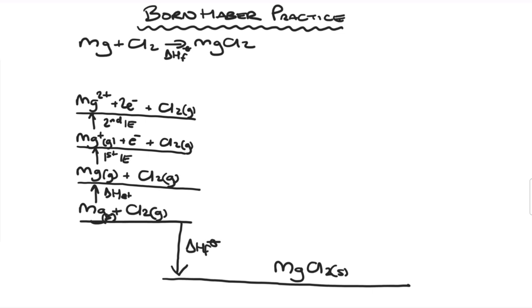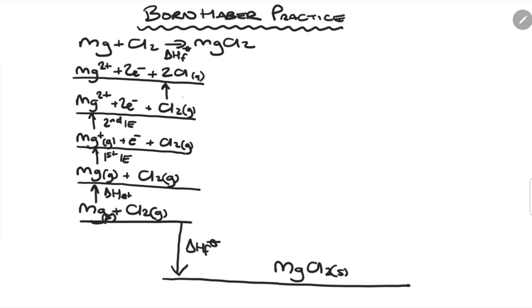But personally, if I'm doing these from scratch, I like to do them individually, with the metal ion first, followed by the non-metal ion. And I then need to start with the chlorine, and in order to do the electron affinity, so the reverse of the ionization energy, if you will, I need to take my diatomic molecule and split it in half so that I have the two chlorine atoms, again in their gaseous state.